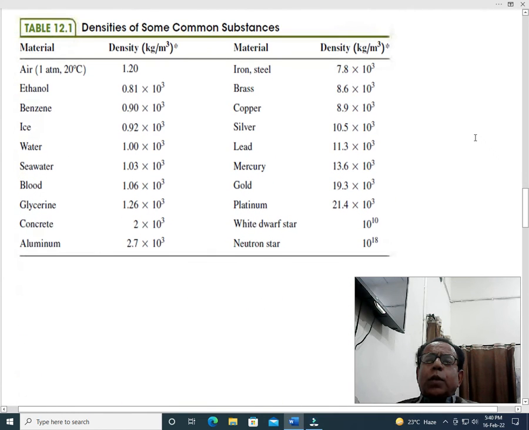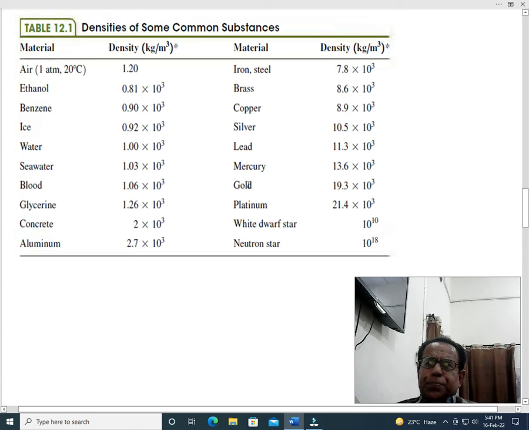Density of gold is, this table has two columns. In the second column, at serial number 7, or in other words at row number 8. Because if we count rows, then this will also be counted as a row in which it is written material and density kilogram per meter cube.